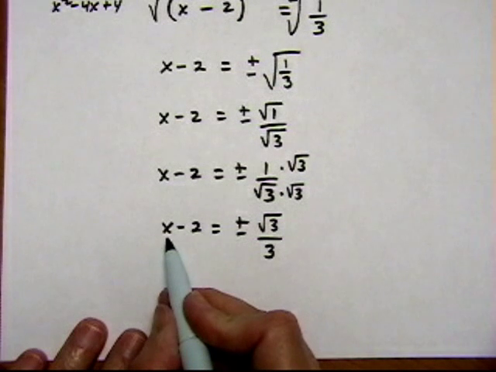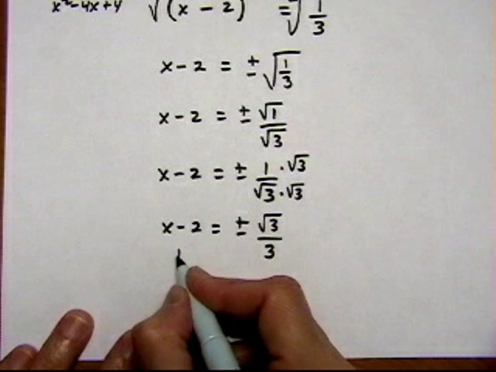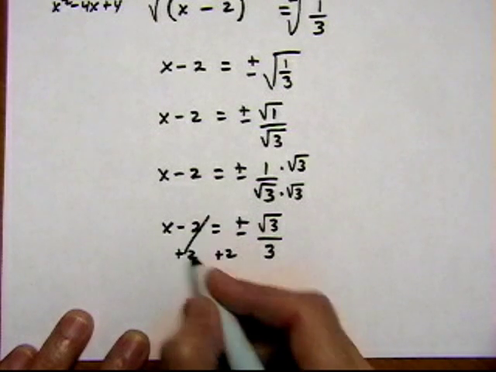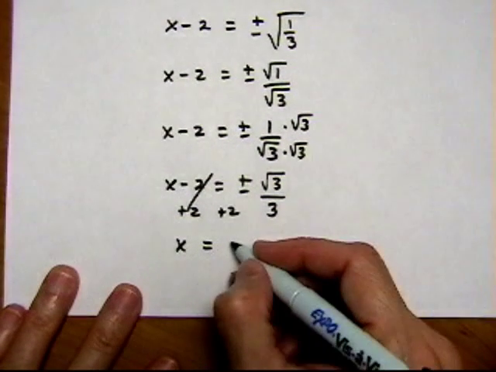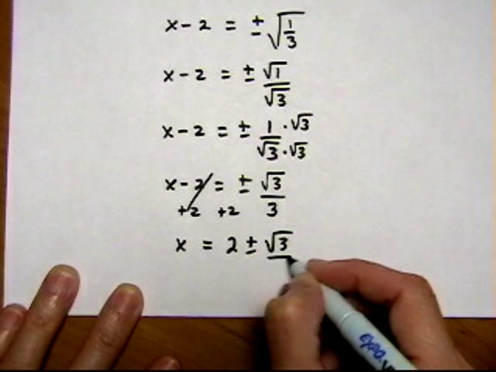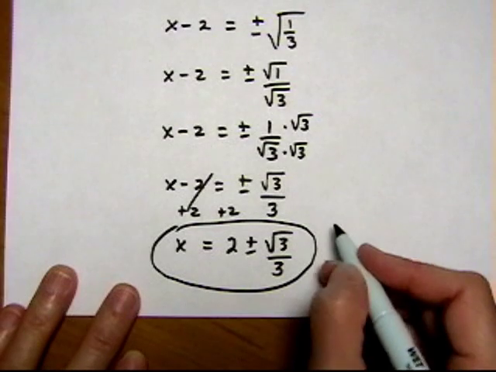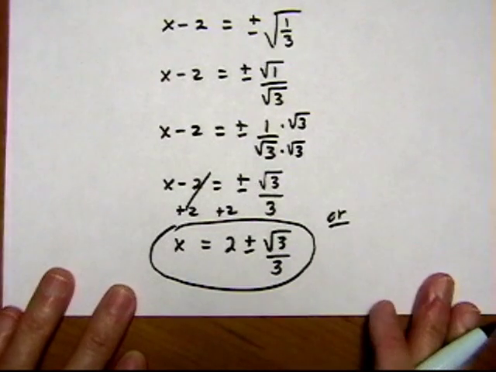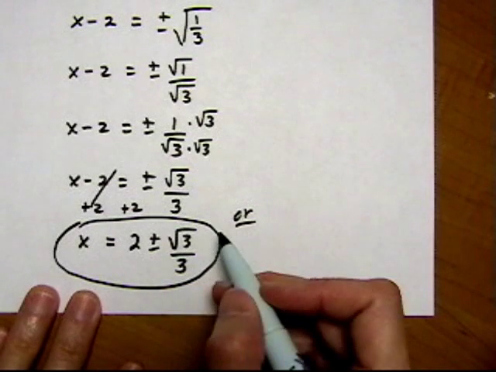And now all that's left is to isolate the x. So we're going to add 2 to both sides of the equation, and we get x is equal to 2 plus or minus square root of 3 over 3. So that's one way to show the answer, or we could show it as one single fraction.